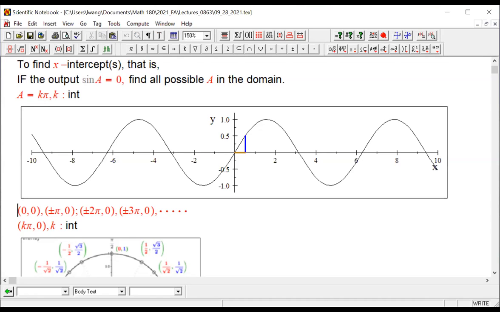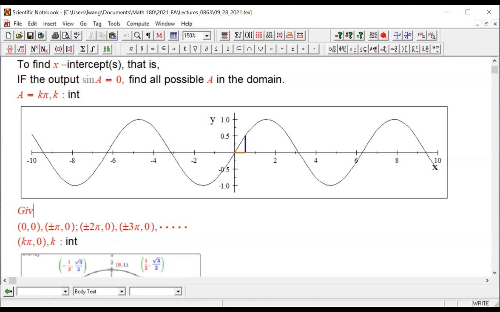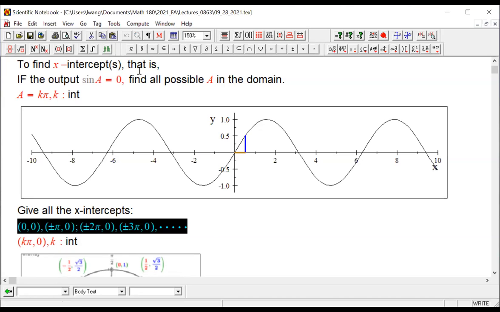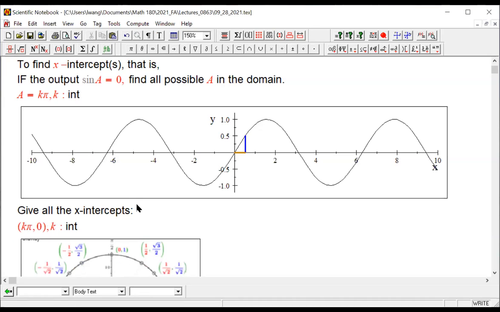If the question asks you to give all the x-intercepts, that's your answer. Do you see the difference in the question?